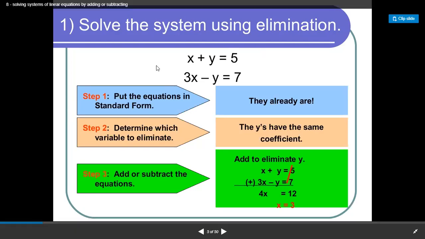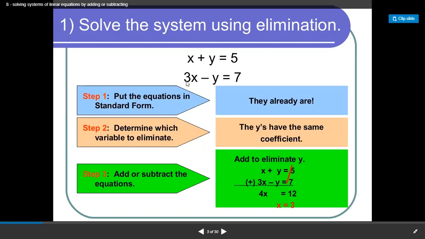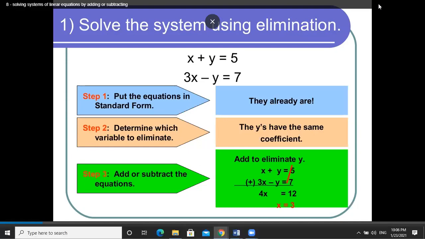Look at the coefficient before x. The coefficient before x equals 1 in the first equation. And the coefficient for x in the second equation equals 3. Are they the same or different? 1 and 3 are different.